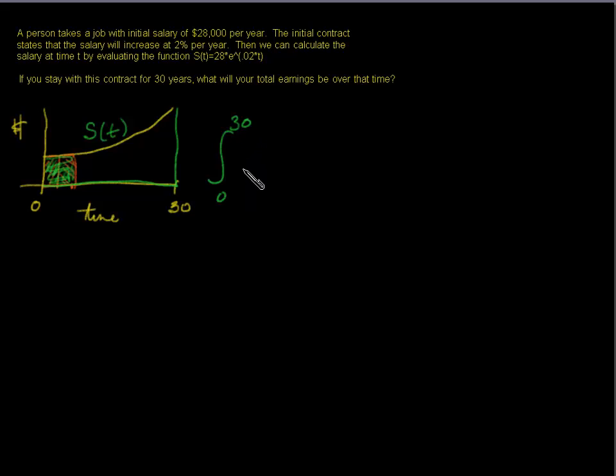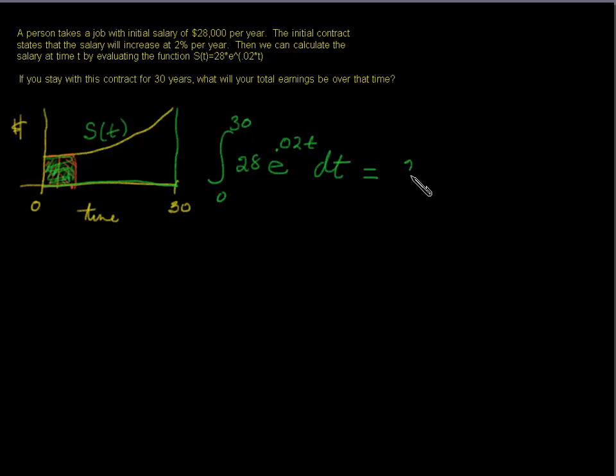And what is the salary curve? It's 28 e to the 0.02 t dt. So it looks like that definite integral should answer the question. What will our total earnings be over the 30-year period? And we know from the previous video and from reading our textbook that this is going to be any antiderivative.